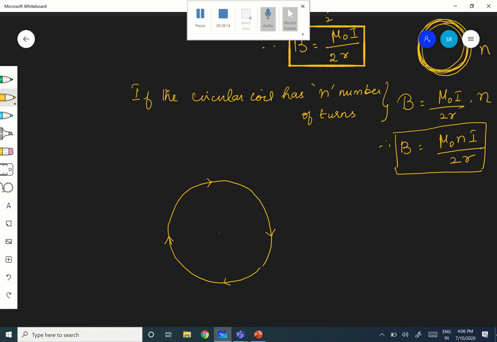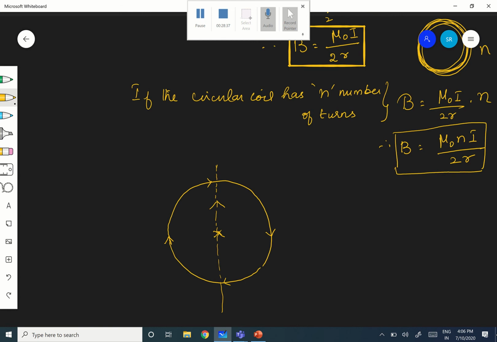So you can draw it like this also. If I want to draw the magnetic field line, at the center it will be like this, perpendicular to the plane. And what about here?